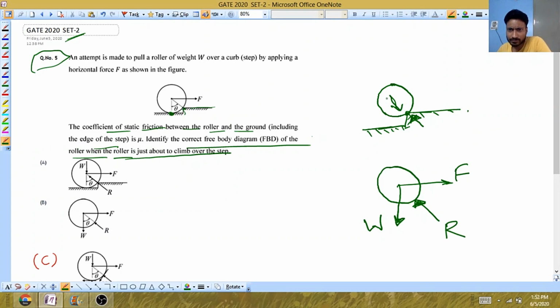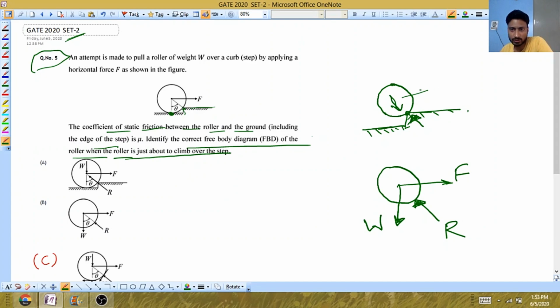See, this roller is trying to roll while moving up. When it's trying to roll, there is some force as well. We know that friction always opposes the relative motion, so friction acts opposite to the relative motion.